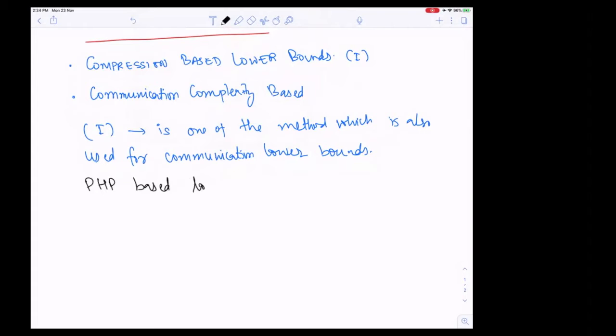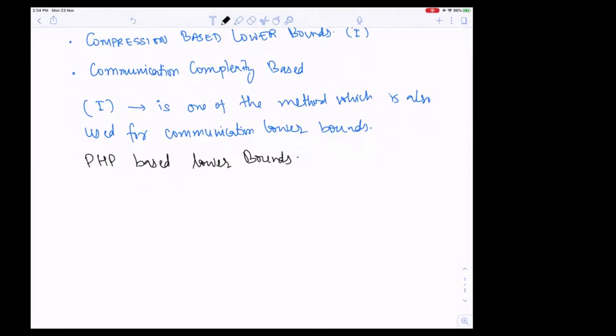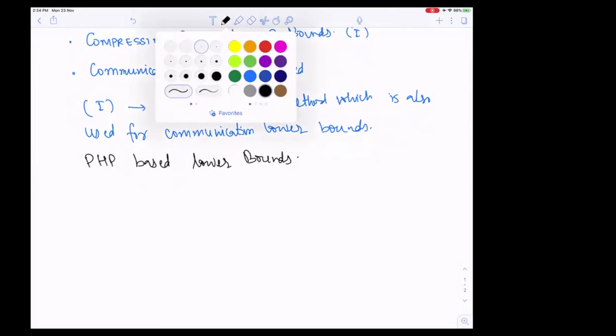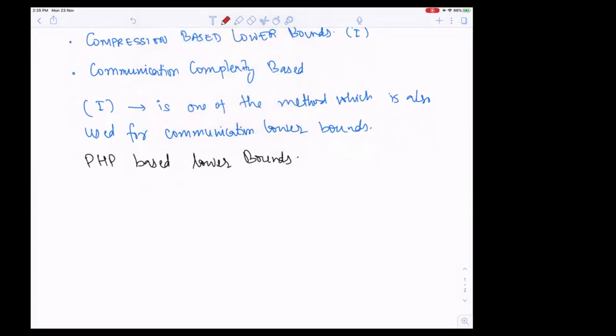Okay. So the plan is that we will be doing distinct elements, lower bounds on distinct elements.